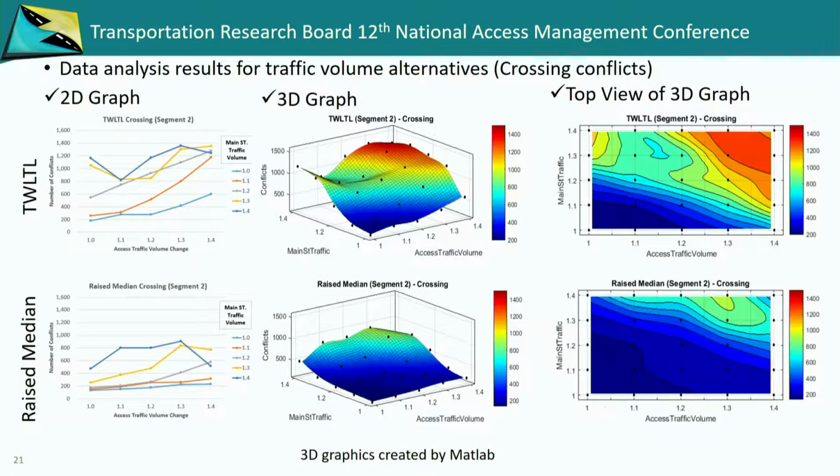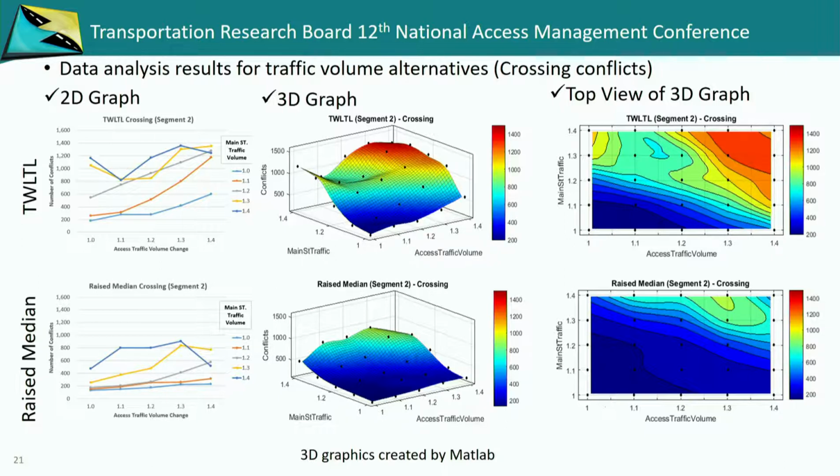And then we took the results of that, going from these crossing conflicts, or the two different segments with the two-way left turn lane versus the raised median, and we did a three-dimensional kind of heat map so that we could see where those numbers of conflicts started to grow considerably.